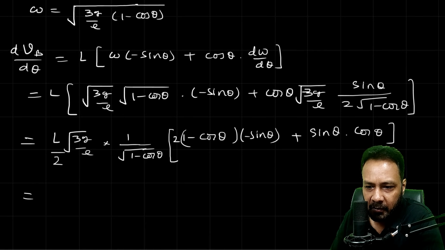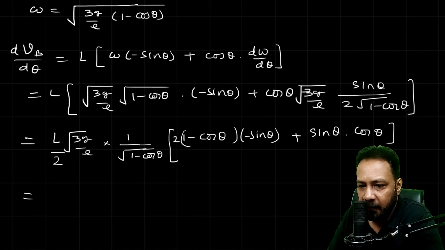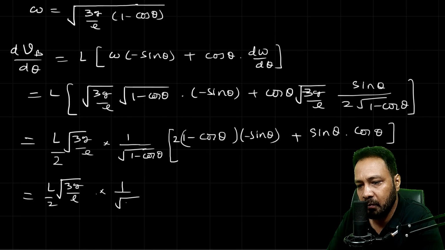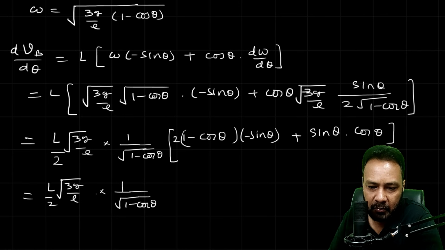So from here, one more thing. So this would be square root of L into 3g by L by 2 into square root of 1 minus cos theta, and also I want to take sine theta outside.